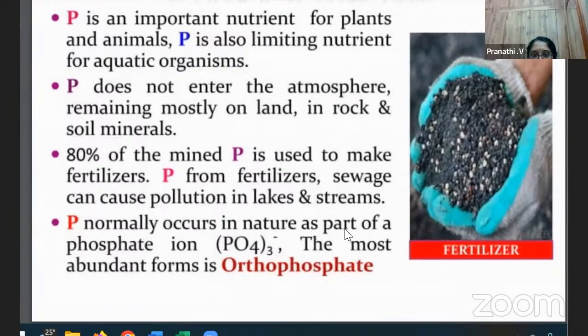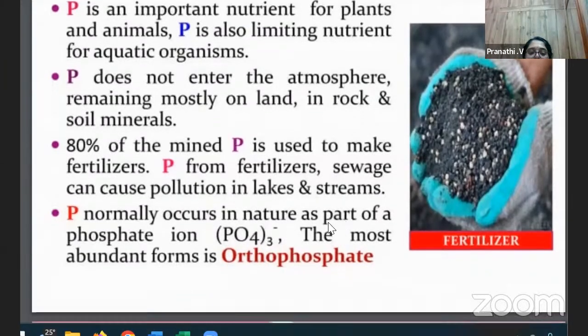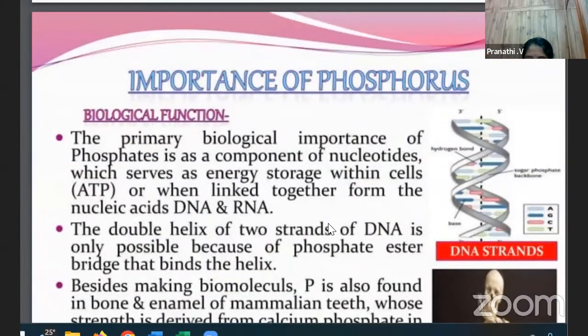Phosphate from the fertilizers and sewage can also cause pollution in the lakes or streams, and after the death and decay of the organisms, it leads to eutrophication. That is present only in the freshwaters. Now, most abundantly, it is available as orthophosphate, that is PO4 minus 3, and in the land, in the form of phosphorus.